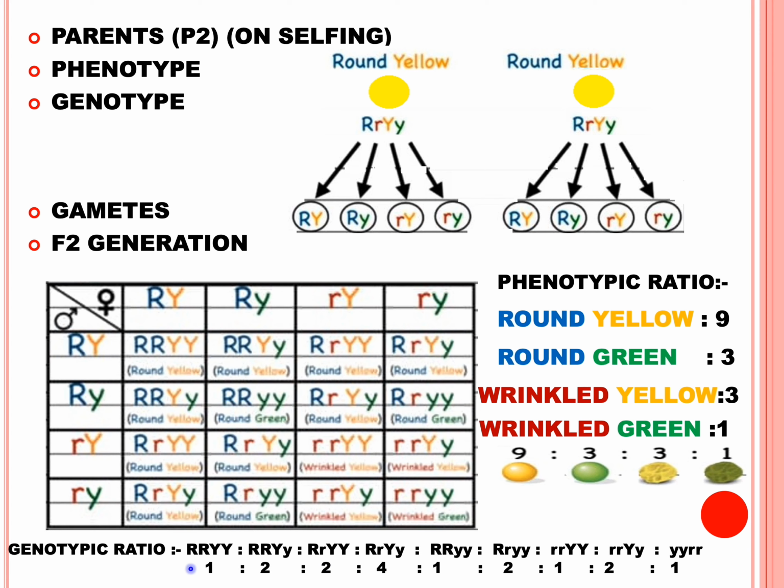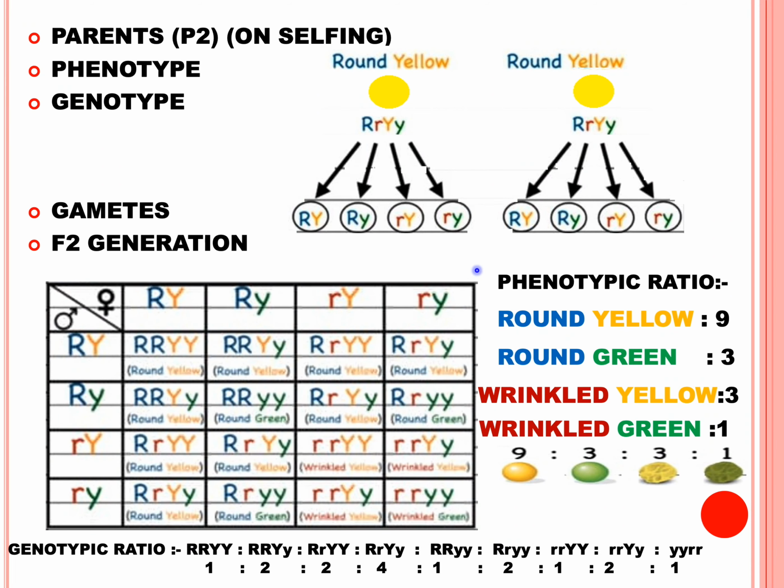It is not in your syllabus, but you can mathematically count how many plants were having these type of genotypes from this Punnett square, and you can develop the genotypic ratio of dihybrid cross. But in your syllabus only phenotypic ratio of dihybrid cross will be asked generally in the exams.